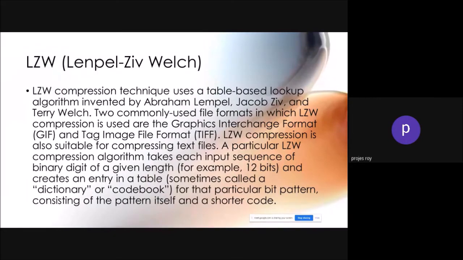Now, the LZW compression technique uses table-based lookup algorithms invented by Abraham Lempel, Jacob Ziv, and Terry Welch. Two commonly used file formats in which LZW compression is used are Graphics Interchange Format and Tagged Image File Format. LZW compression is also suitable for compressing text files. So this is also very useful, but I do not know how many of you are using it.